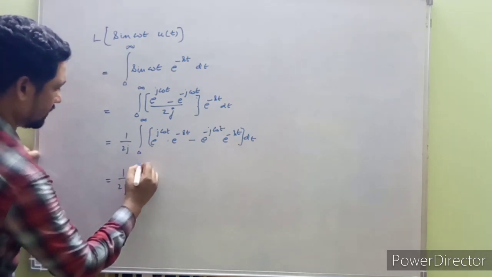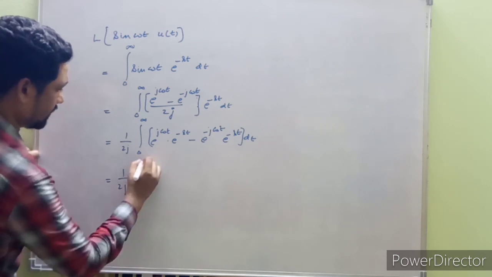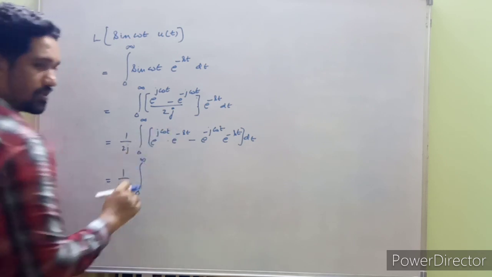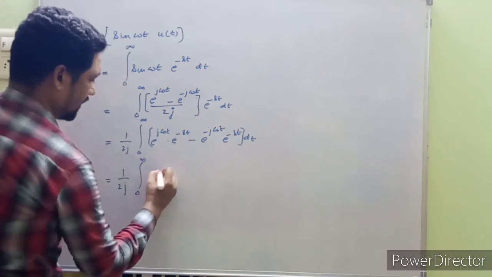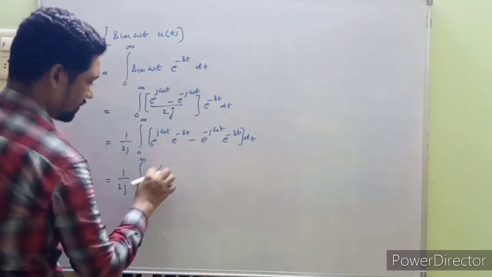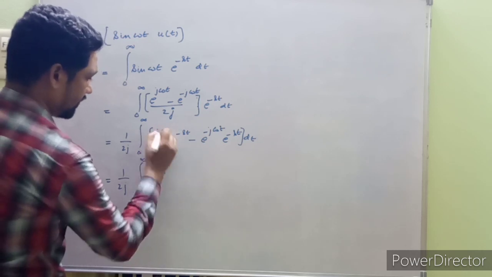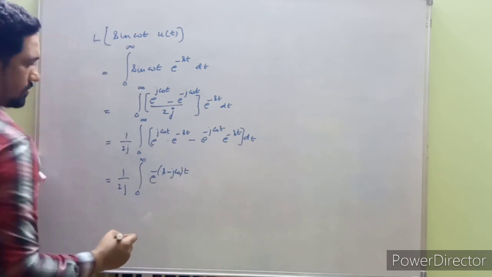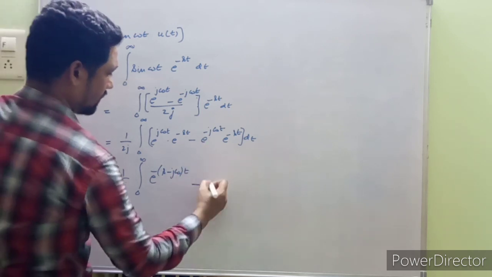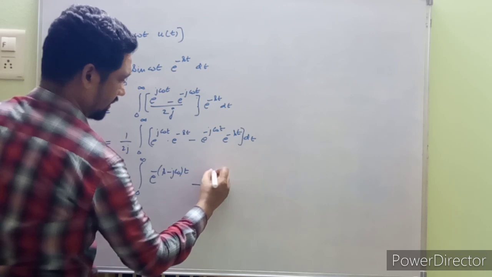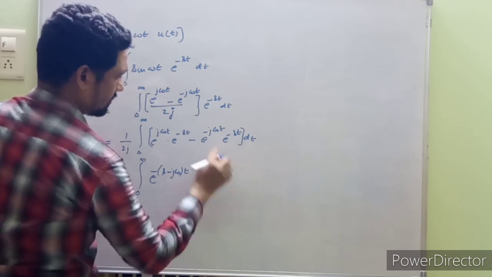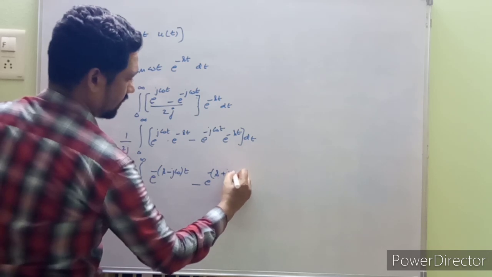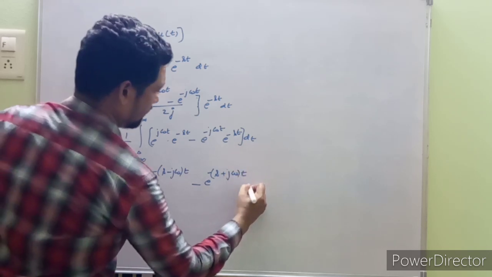Guys, watch carefully. In another simplification, taking out the exponential and negative exponential as common, e raised to minus s, so we will be left with minus j omega and t also as common, and minus of e raised to minus exponential, so minus of s plus j omega, both the negatives have come out, s plus j omega into t dt.